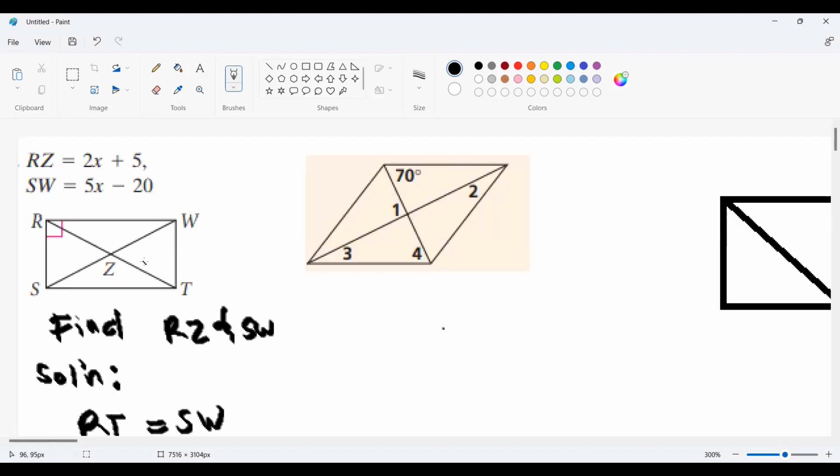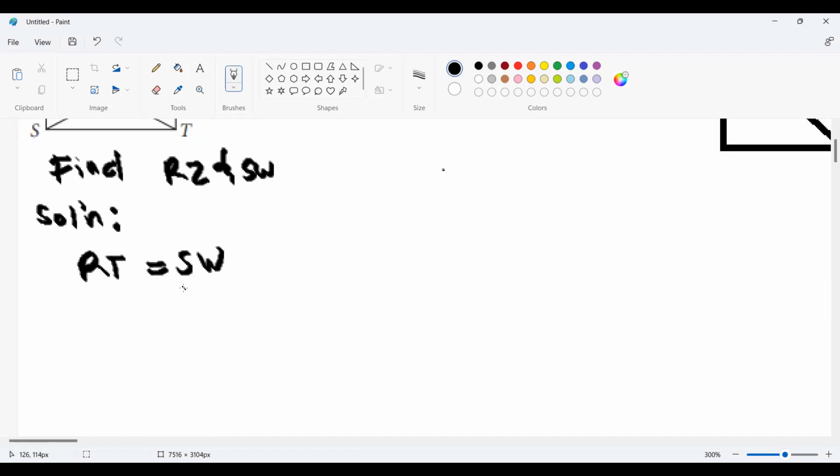Take note that one of the properties of a parallelogram is that the diagonals bisect each other. So that means RZ is equal to ZT, right? So that would also mean that RT can be represented as twice RZ.